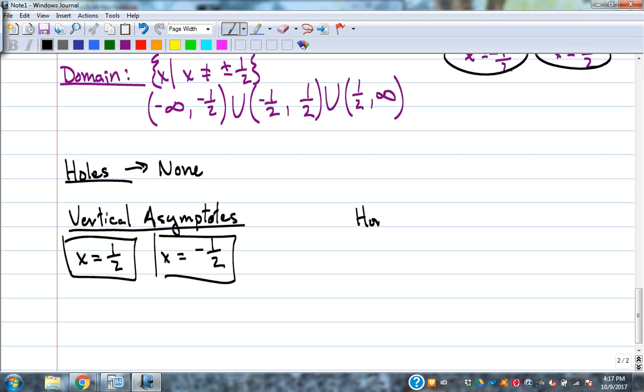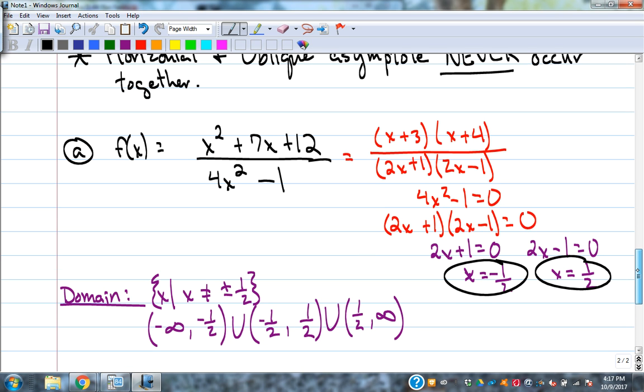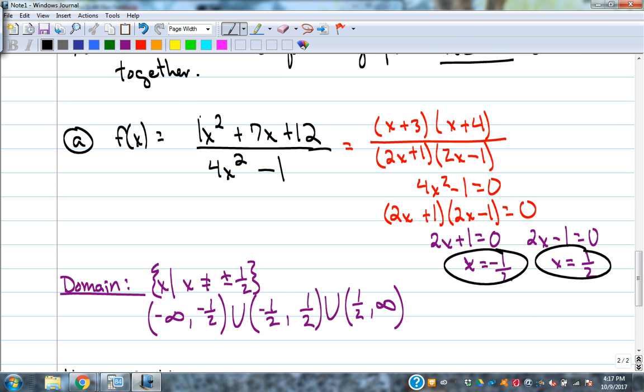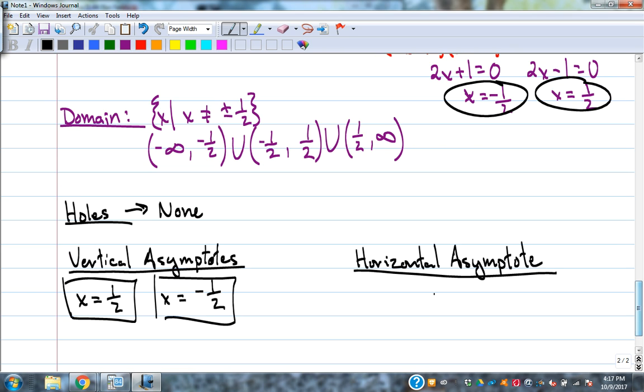So we're going to have a horizontal asymptote at the ratio of the leading coefficients. So if we look at the original problem, there's a 1 in front of x squared. The leading coefficients are 1 and 4. So the horizontal asymptote will be at y equals 1/4.